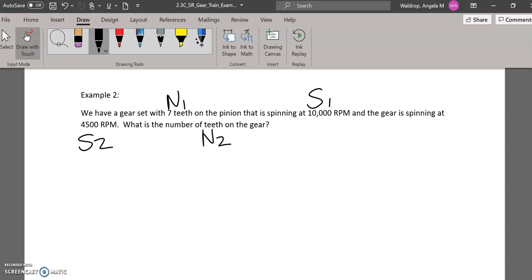So we're going to use the same relationship that we had before, N2 over N1. I always put what I'm looking for in the numerator. That way it's easier for us to solve. And I'm going to put S1 over S2 because there is an inverse relationship.